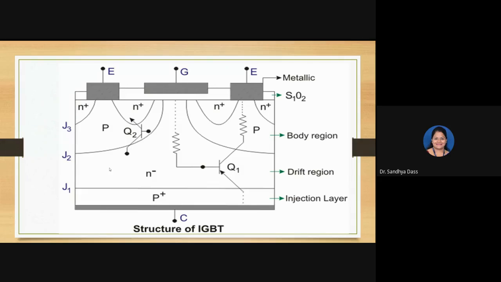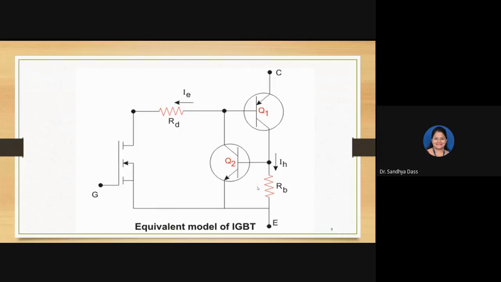All right. And the resistance in the device can be obtained from the resistance offered by the drift region and the body region. So the equivalent circuit can be visualized like this, where Q1 and Q2 are the parasitic transistors.